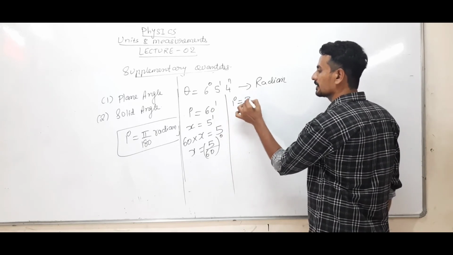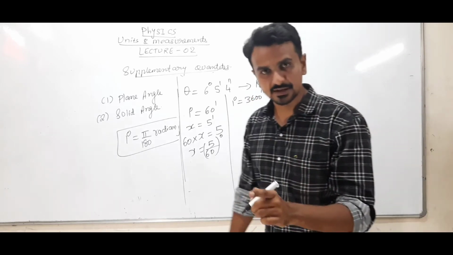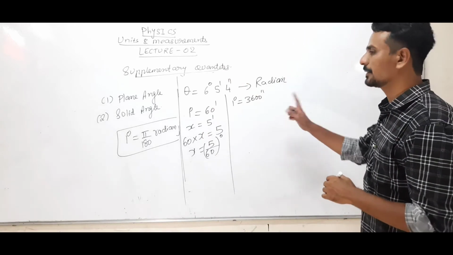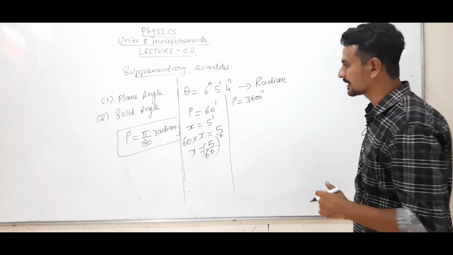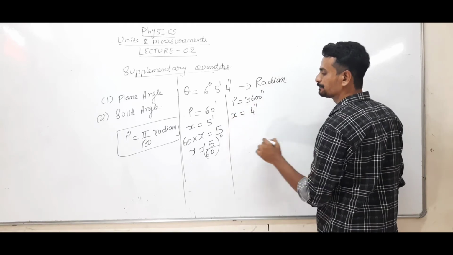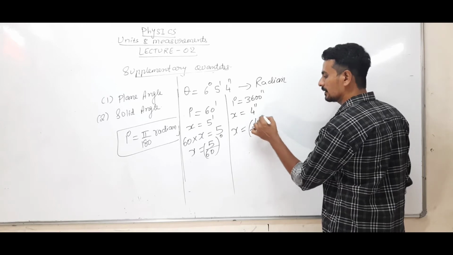Also, 1 degree is 3600 seconds. 1 degree means 60 minutes and 1 minute means 60 seconds, so 1 degree is equal to 3600 seconds. We have 4 seconds, so this will be 4 by 3600 degree.